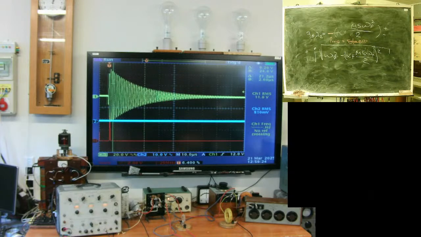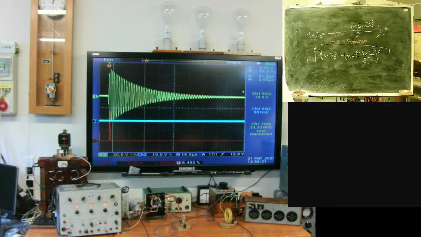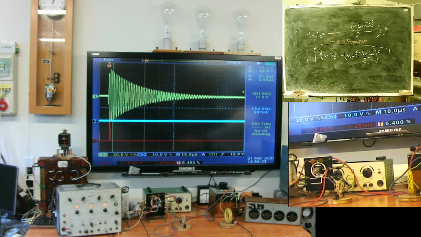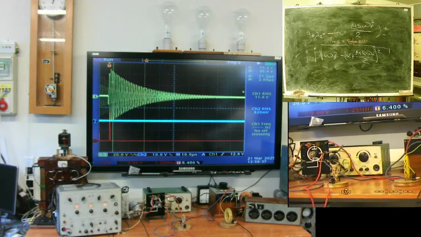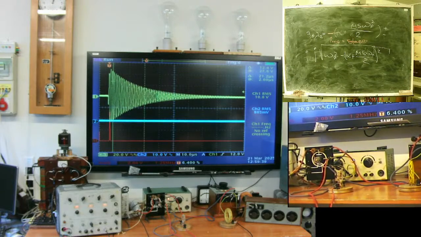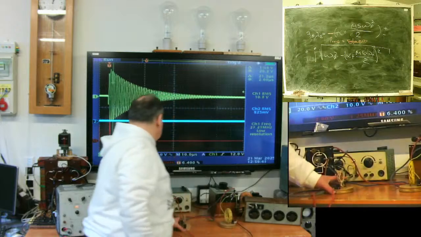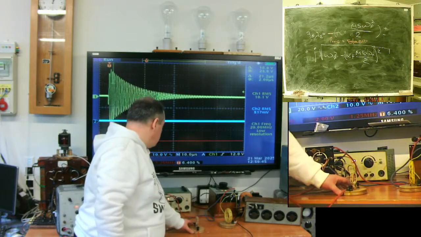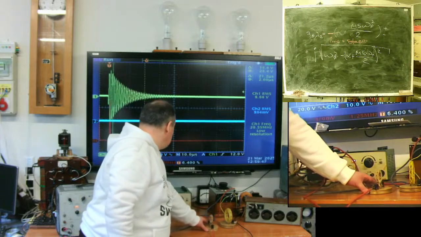So negative feedback makes the system more stable. Once more. No feedback, small feedback.